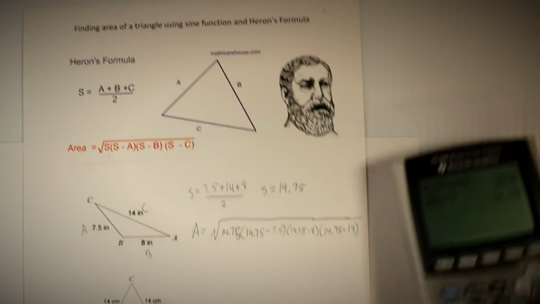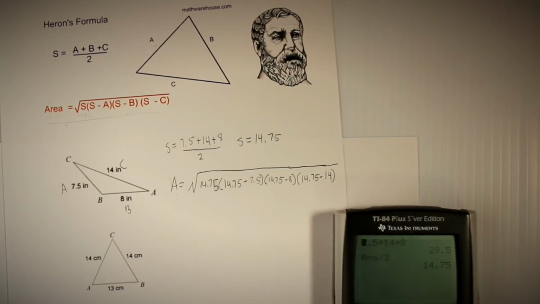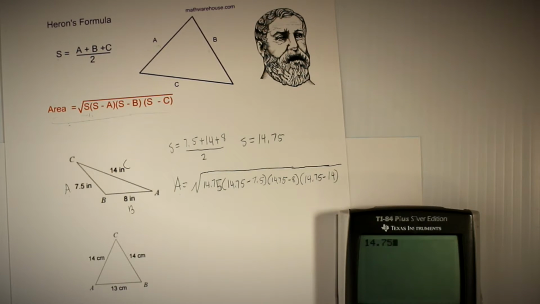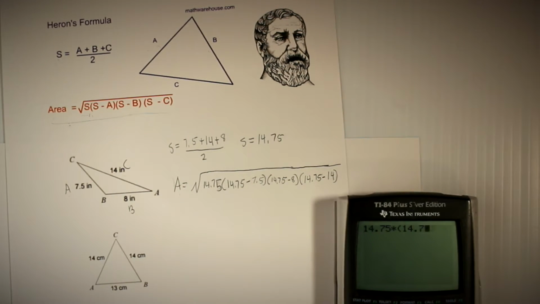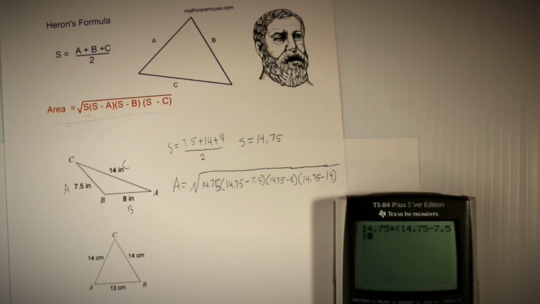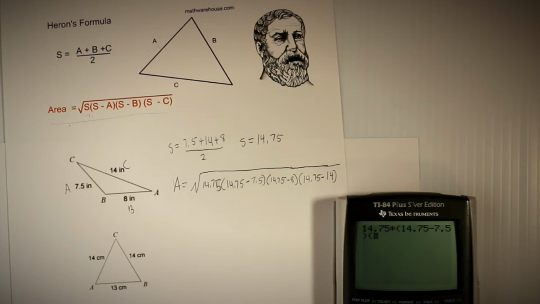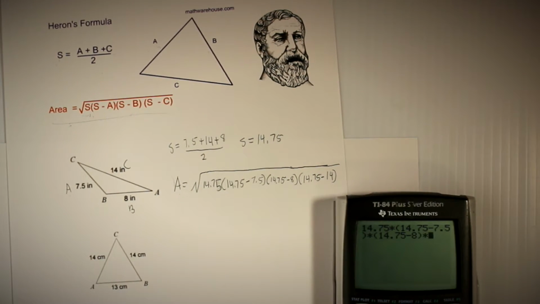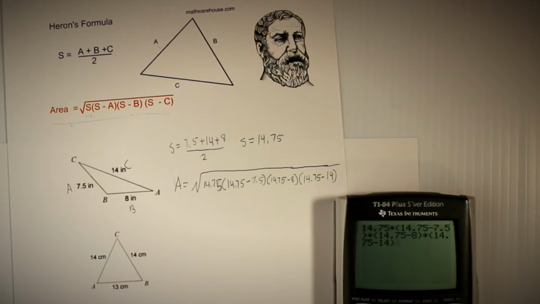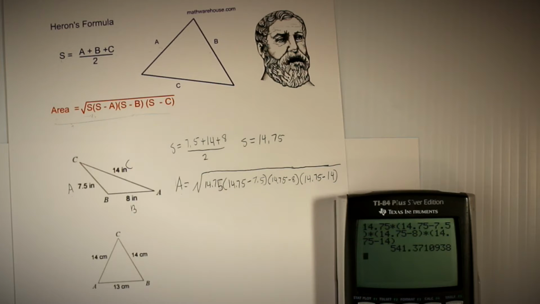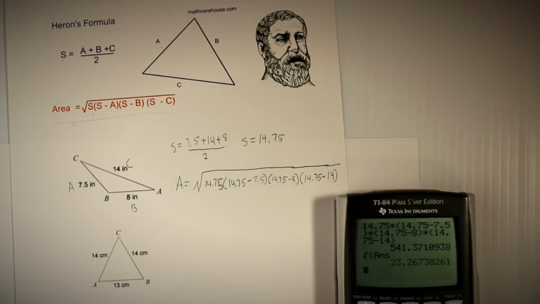So we plug that into our calculator: 14.75 times 14.75 minus 7.5 times 14.75 minus 8 times 14.75 minus 14. That should give us that, and we take the square root of it.